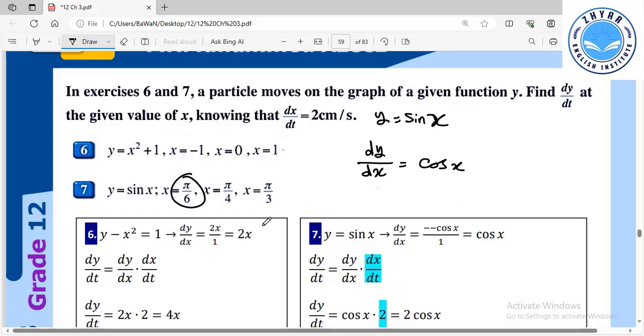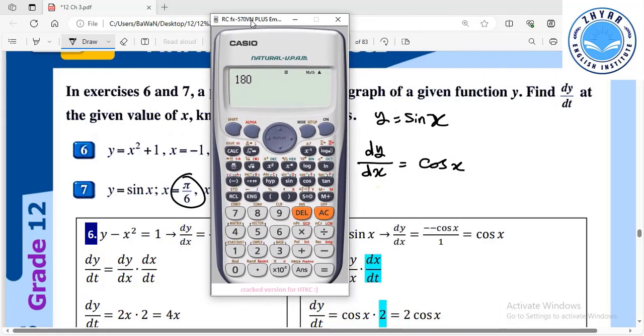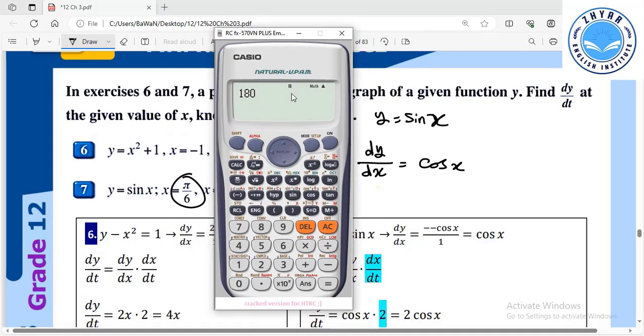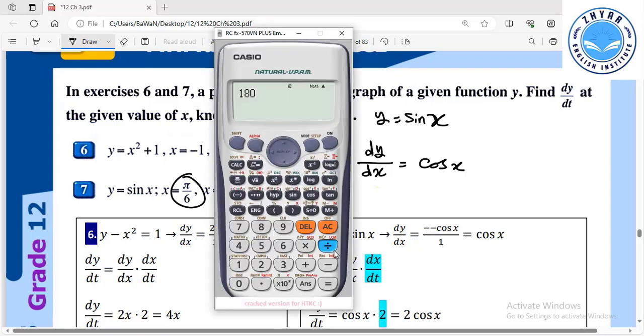If we put pi over 6 in place of x, never use pi in the calculator unless the calculator is on radian mode. Now, most of the time calculators are on degree mode, or when you practice math only on degree mode. Instead of pi, I use 180, divide by 6, that is 30.